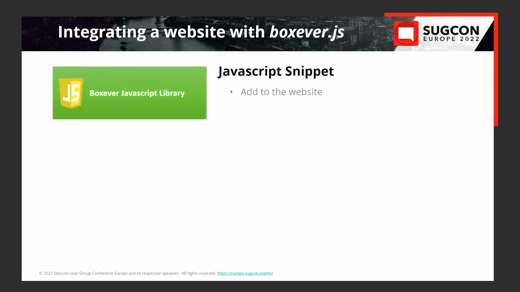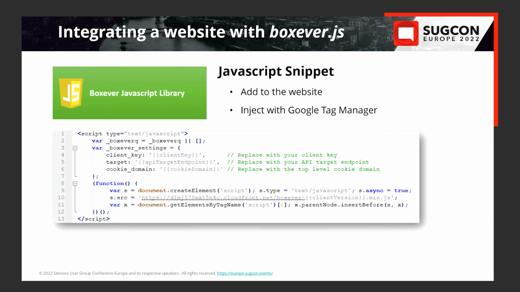Okay, integrating the JS library, Boxever.js, to your website is quite easy. It's a very common way to do that by using a JavaScript snippet that you see right on screen. All you have to do is grab that and drop it into your website through website injection itself or inject it with the Google Tag Manager.